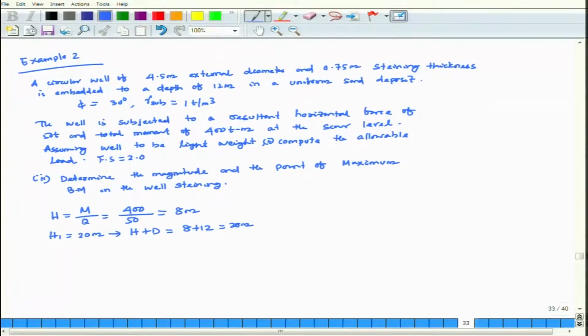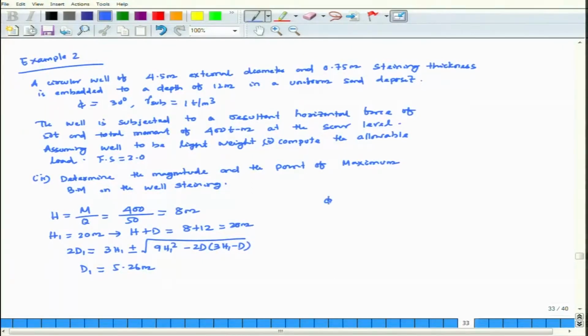Now you calculate 2d1, 2d1 is equal to 3h1 plus minus root over of 9h1 square minus 2d, 3h1 minus d. Then from there d1 comes out to be 5.26 meter.